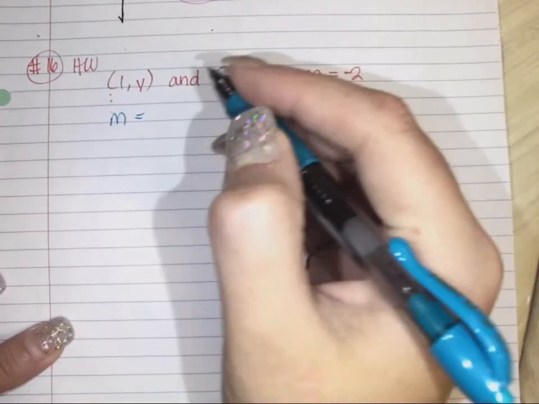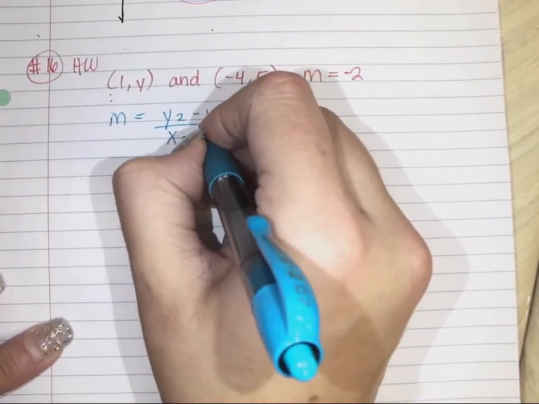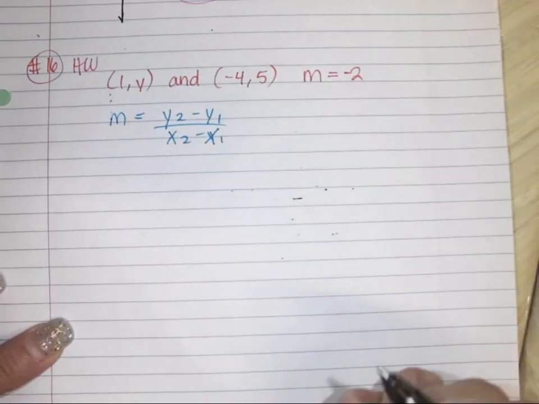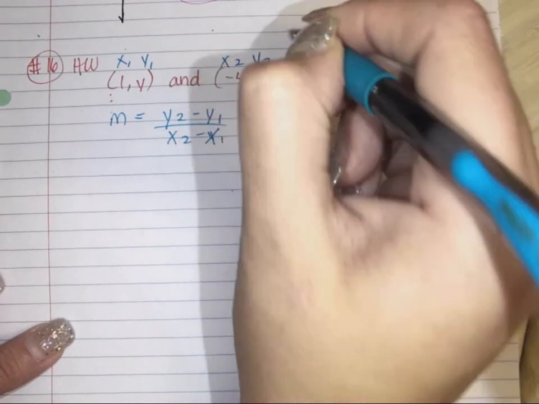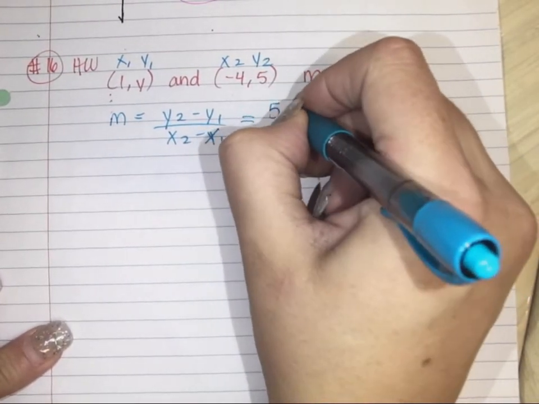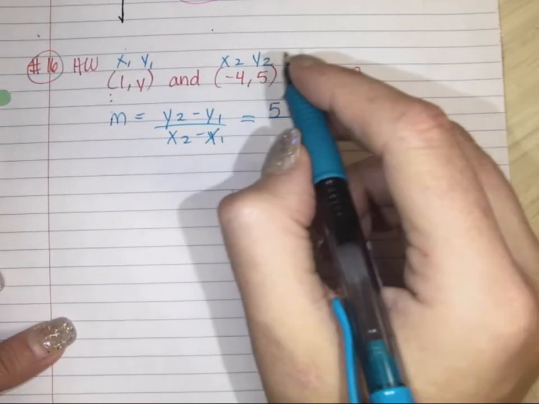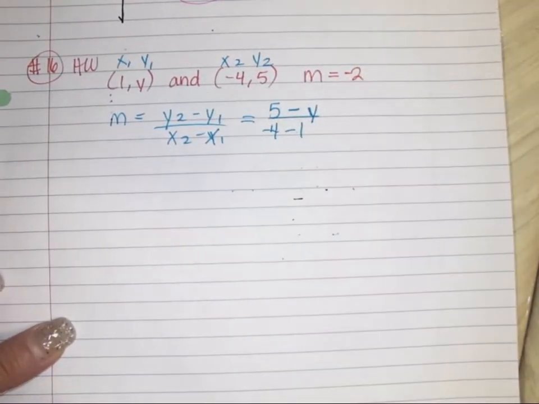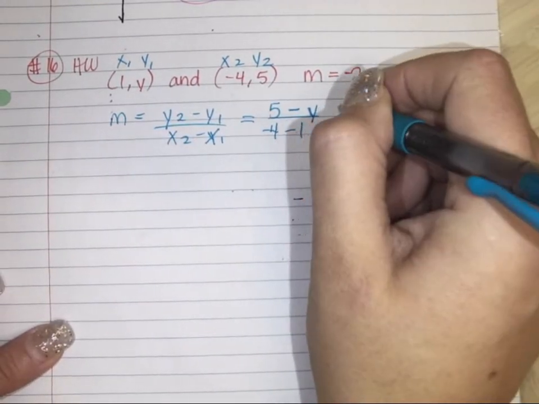Recall the slope formula between 2 points is y2 minus y1 over x2 minus x1. So just take your points and plug in. You've got y2, which is 5, minus y1, which is y, that's what we're trying to find, over negative 4 minus 1 on the bottom. But I do know that my slope is negative 2.